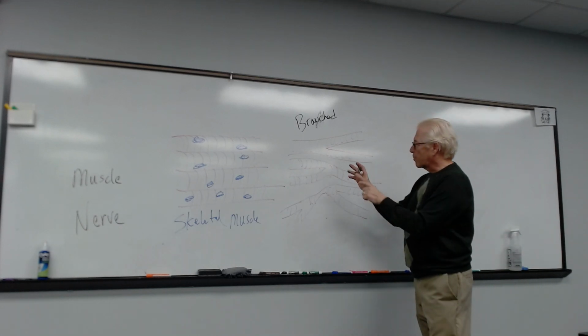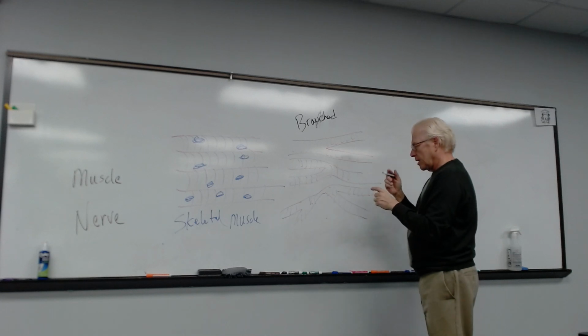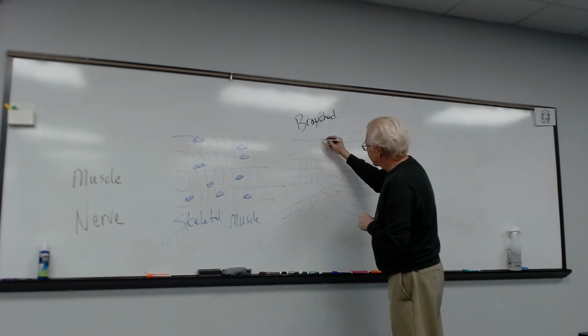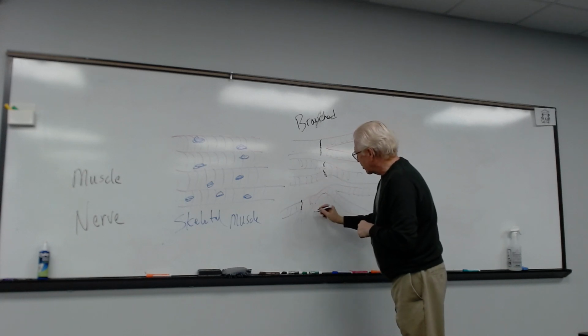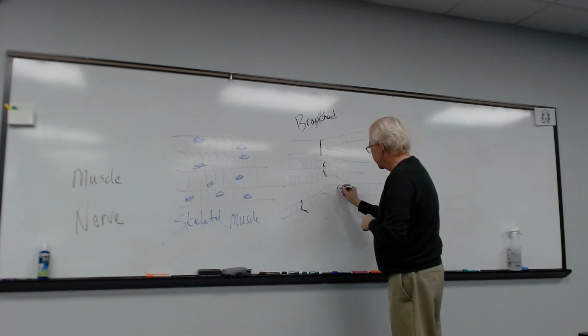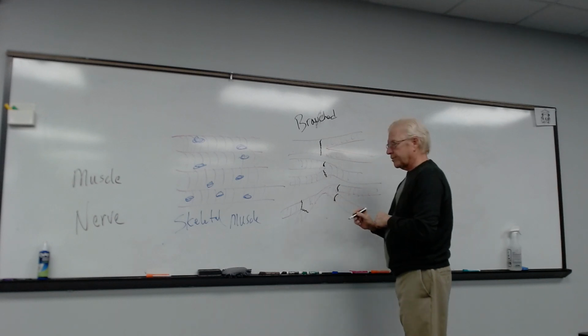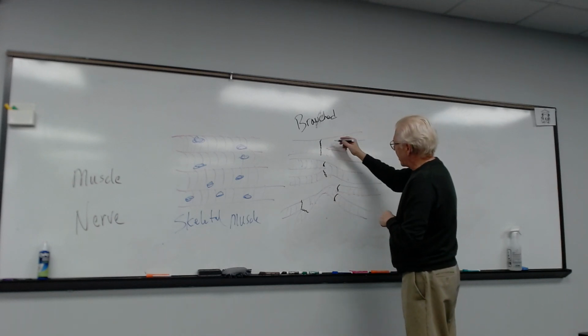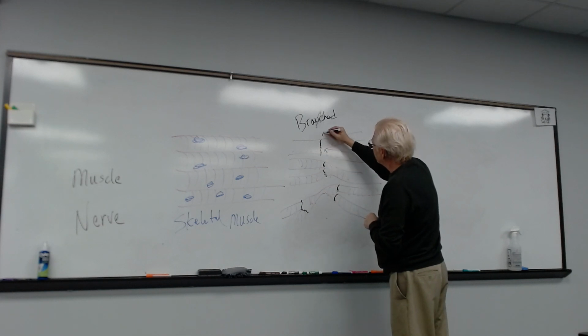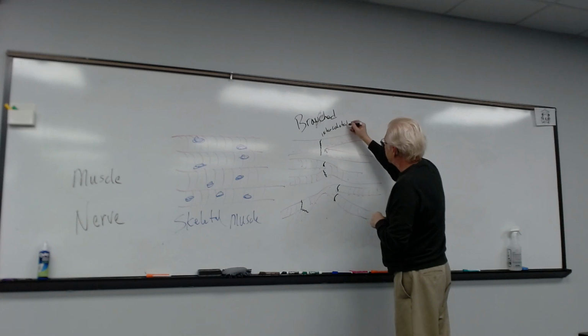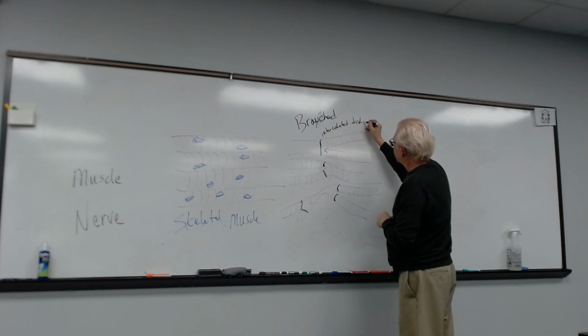All right. They're branched out. Plus, they have this. These things here separate the cells apart. These little black areas here that you can see are intercalated discs.